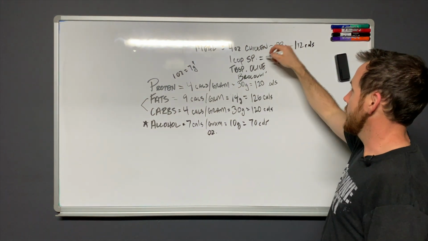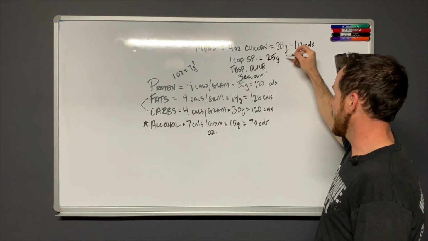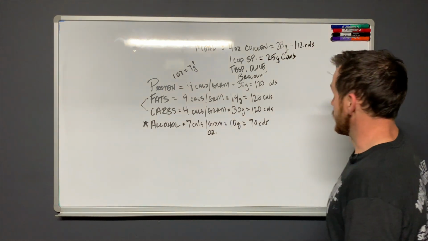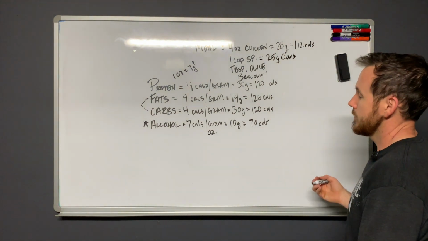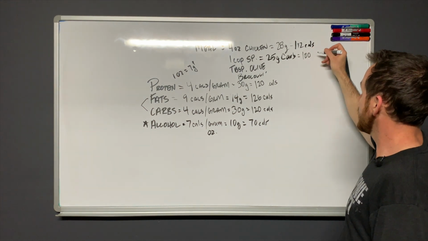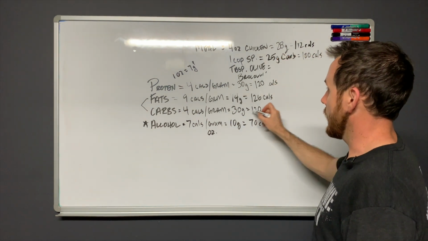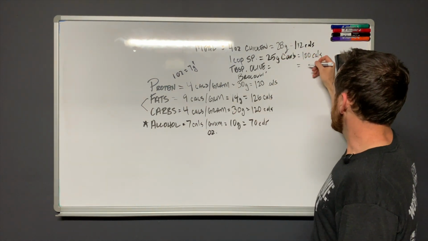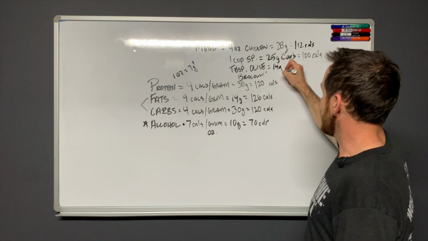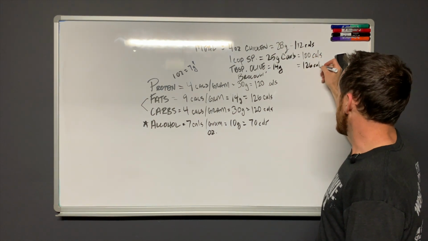1 cup of cooked sweet potatoes is, I think, around 25 grams of carbs, which translates into 4, 8, 80 plus 20, which equals 100-ish calories. And then we already figured out that 1 tablespoon of fat equals 14 grams, which equals 126 calories.